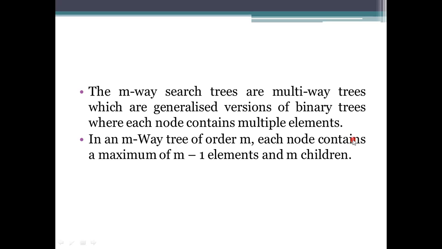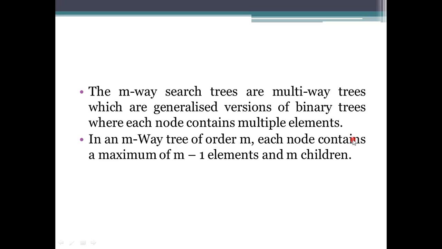How many elements will there be? M-way refers to the order we are using. If it is a 5-way tree, or a tree of order 5, then each node contains M-1 elements. So the node is not having only one element; it consists of a number of elements.